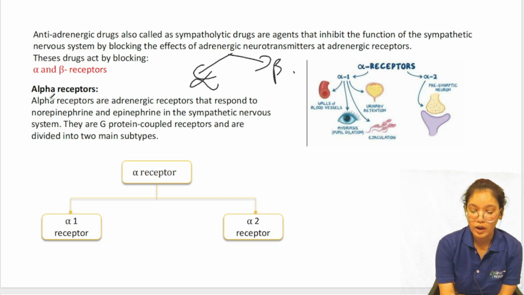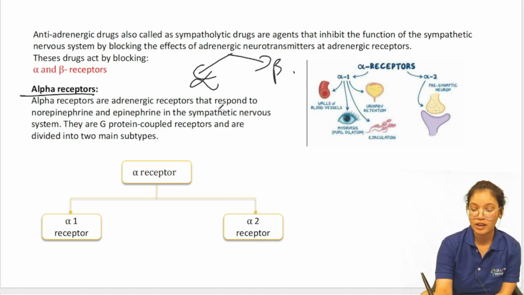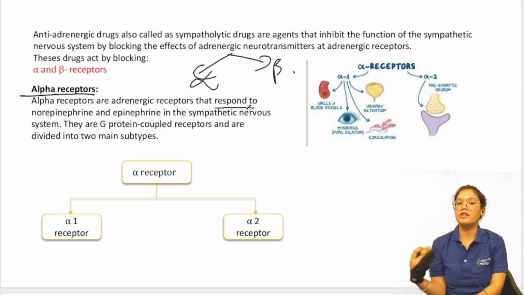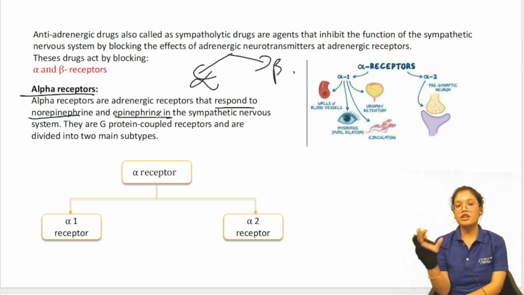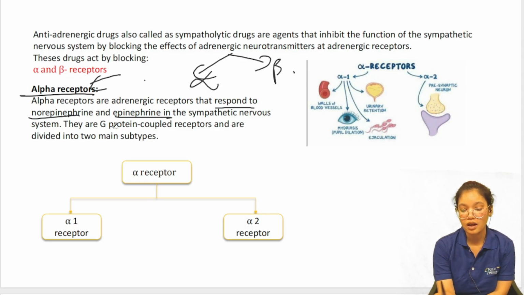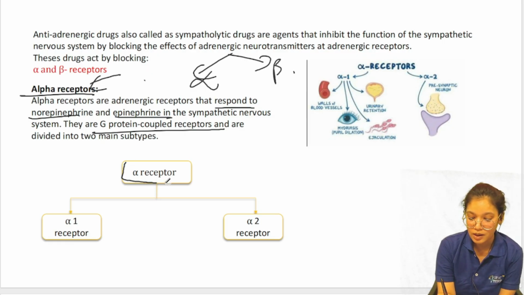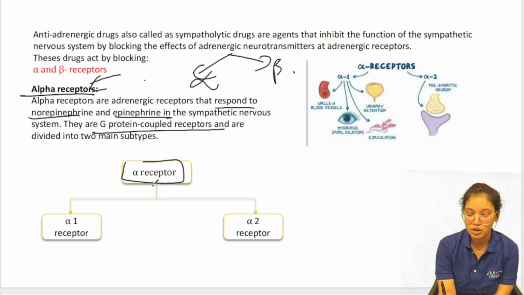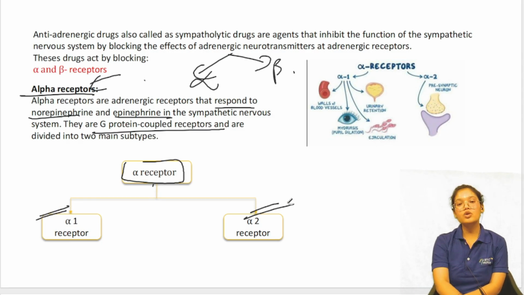Now alpha receptors are the adrenergic receptors that respond to epinephrine and norepinephrine, the neurotransmitters of the adrenergic system, and this alpha receptor is a G protein coupled receptor. This alpha receptor is further divided into two subtypes, the alpha 1 receptor and the alpha 2 receptor.